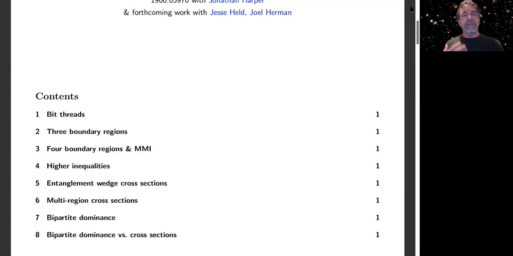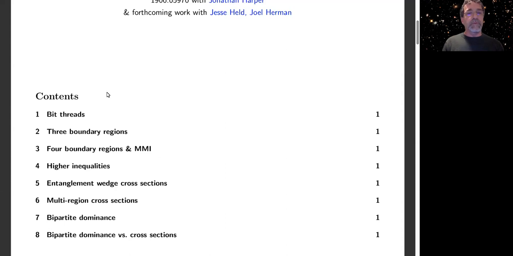If you're just calculating the entropy of a single region, then by definition there's just the region and its complement, and there's only bipartite entanglement if that's the decomposition you've done of the boundary. So to explore this further, I want to ask what happens with the bit threads when you've divided the boundary into more than two regions.